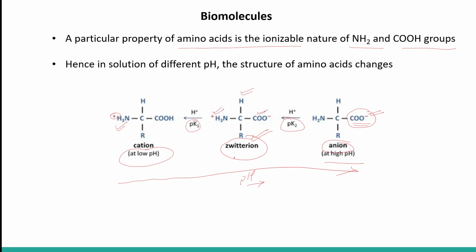So that is called a zwitterion. In a solution of different pH, the structure of the amino acid changes. So depending upon the pH, the amino acid can be a cation, an anion, or sometimes a zwitterion.